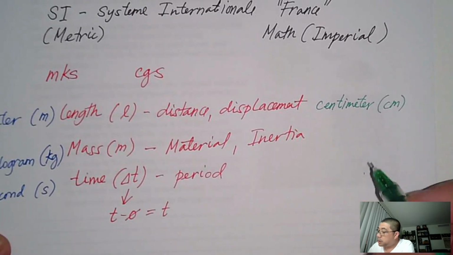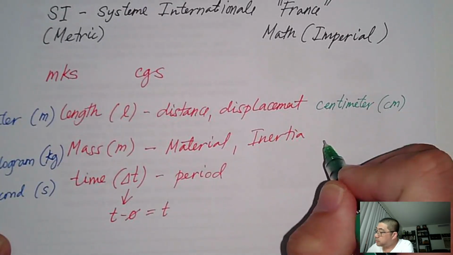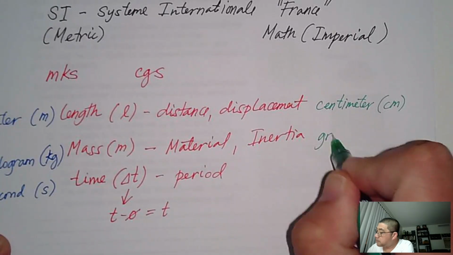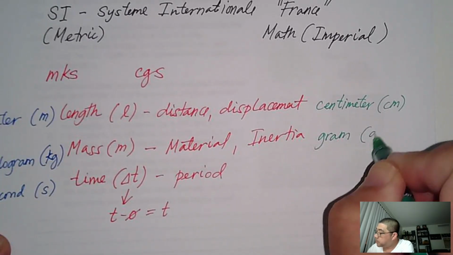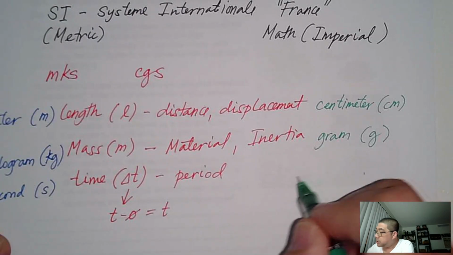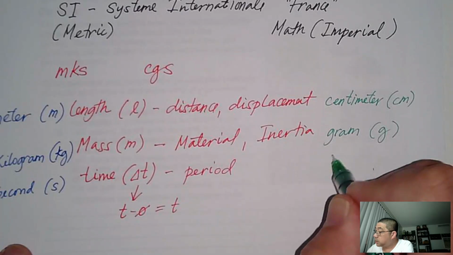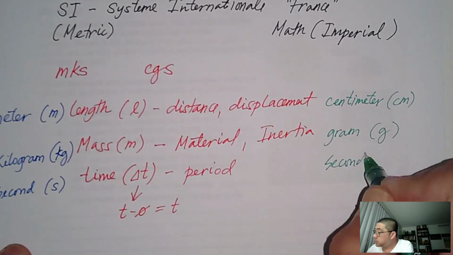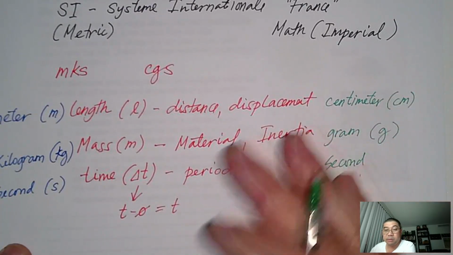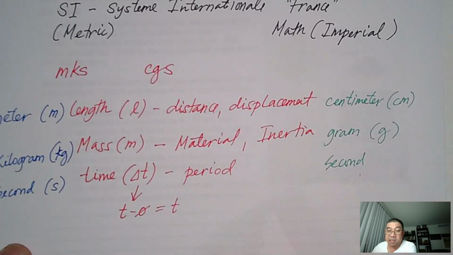So mass, if it's very small, then we use what? Grams, and that is g. Of course, time is still going to be seconds, because that's the smallest unit of measurement. There's no smaller than seconds except for millisecond.